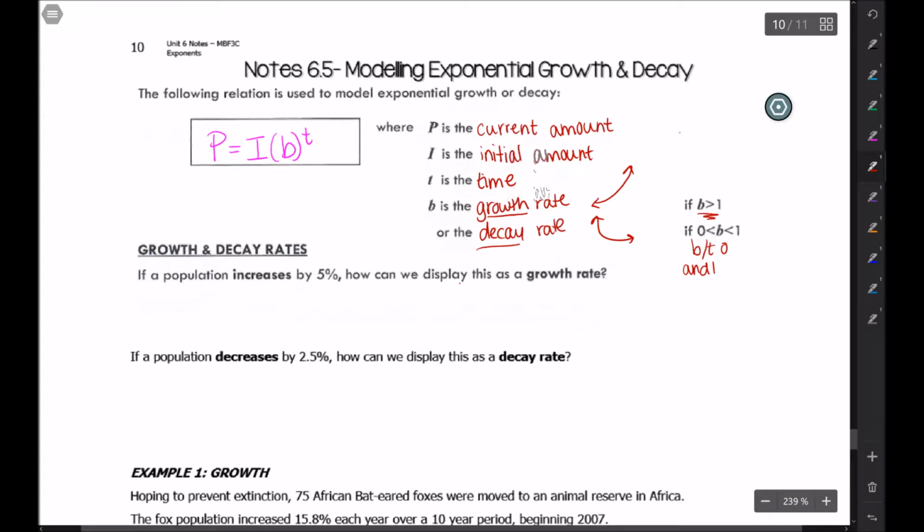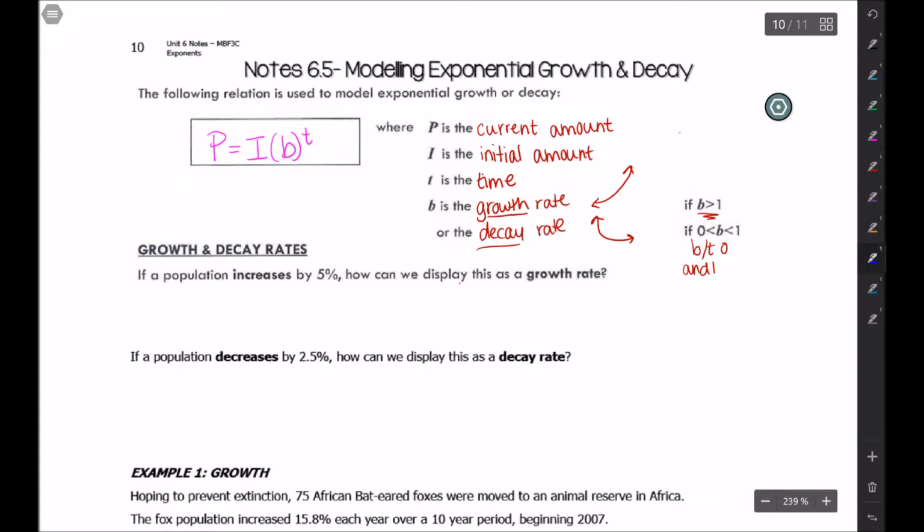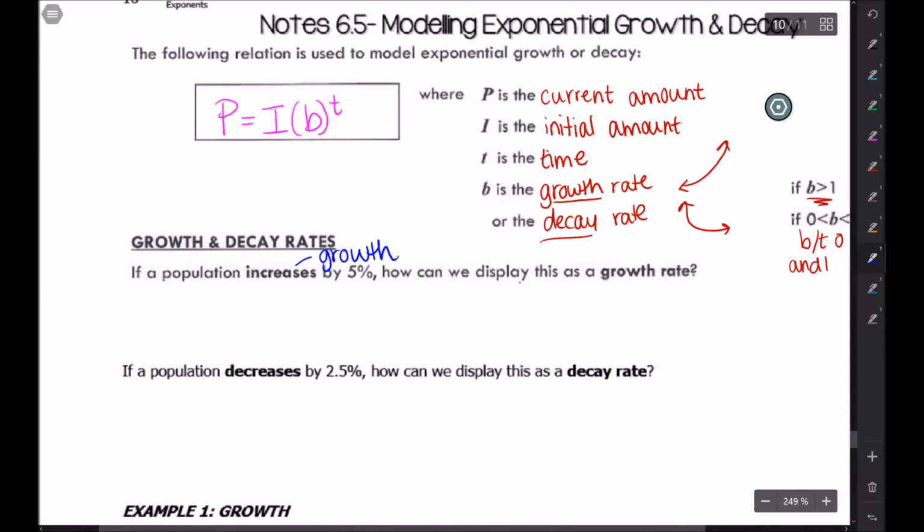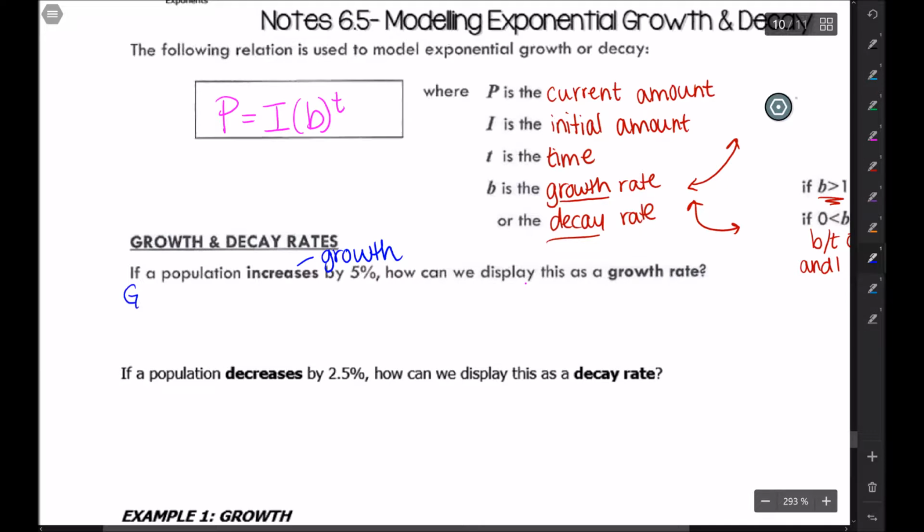So we need to talk about growth and decay rates right here. So if a population increases by 5%, this means that this is growth. How can we display this as a growth rate? So here we're going to say that our growth percentage is always added to 1.